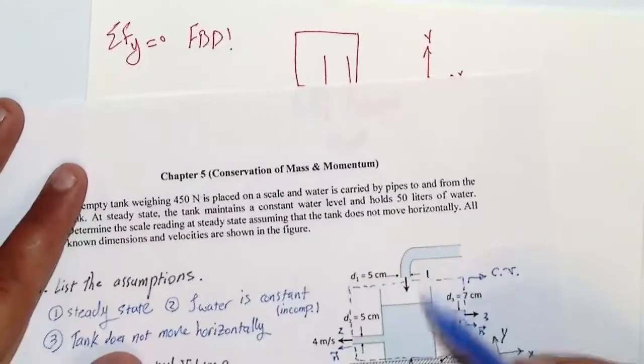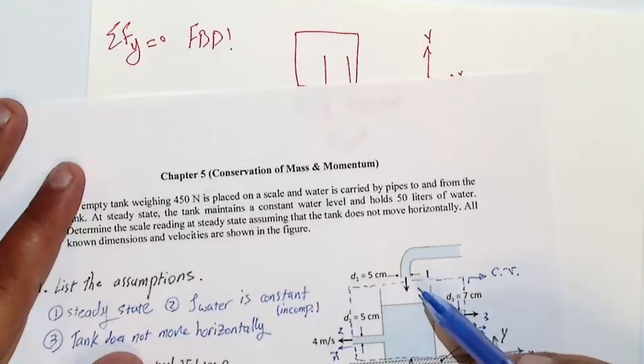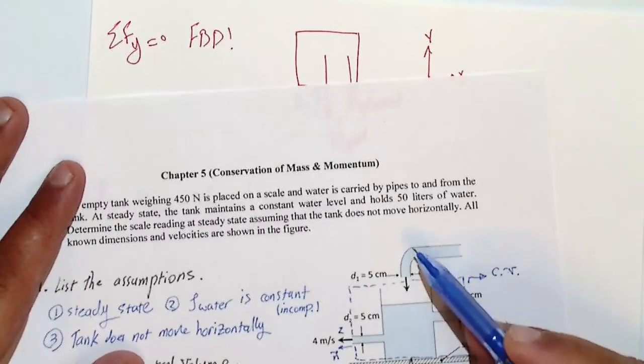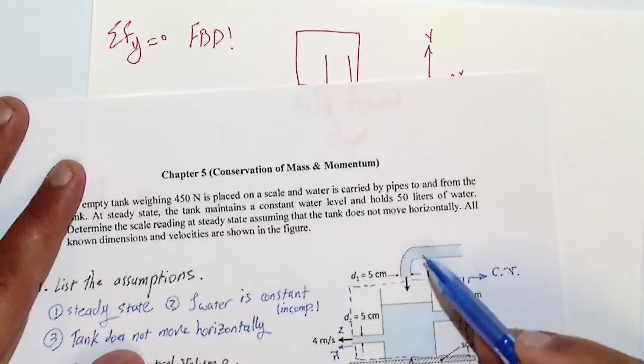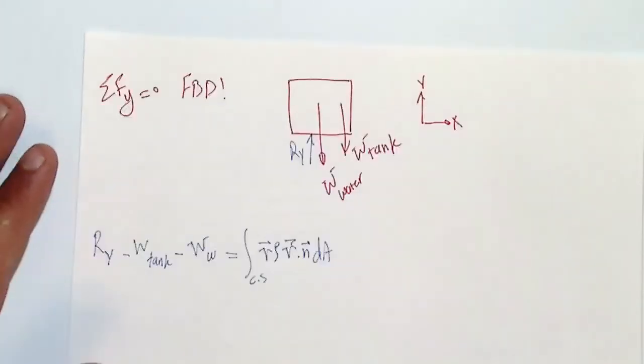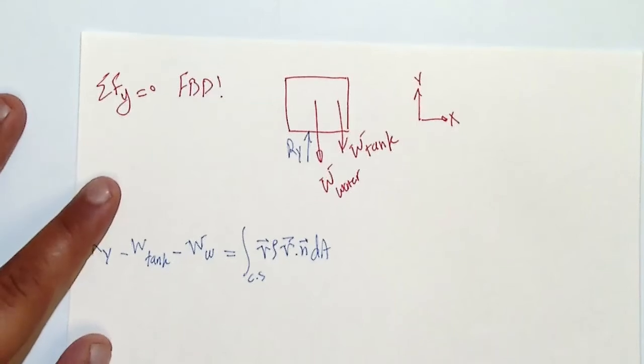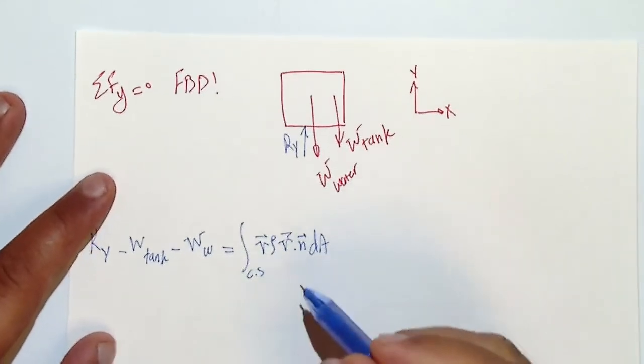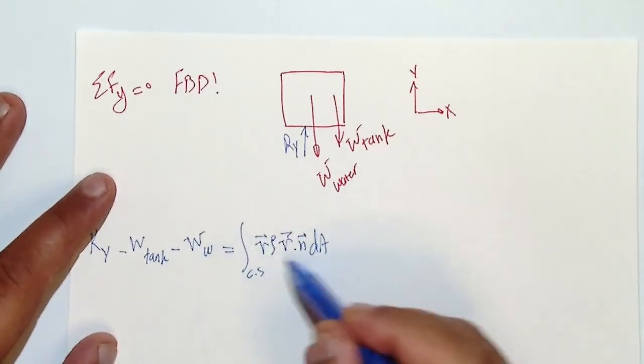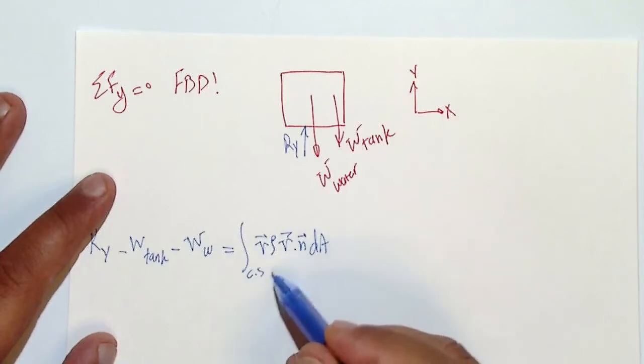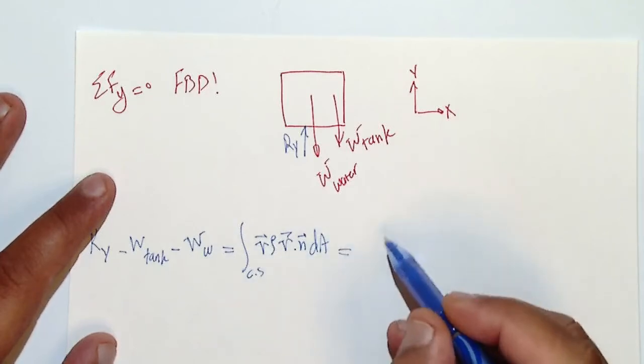Because V is downward and N is always normal to the surface and outward, so it's going to be upward here. Then V dot N has a negative sign. So using these three amounts that you have here, then you can write it down like this.